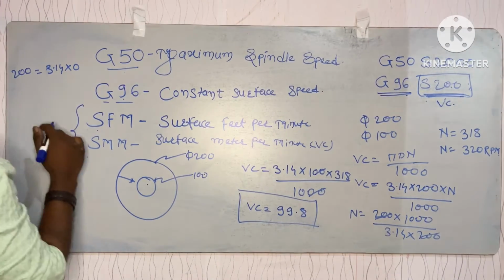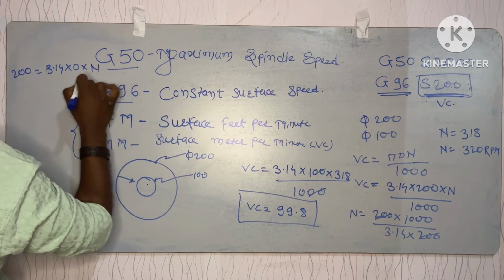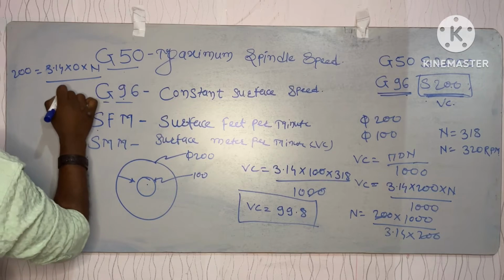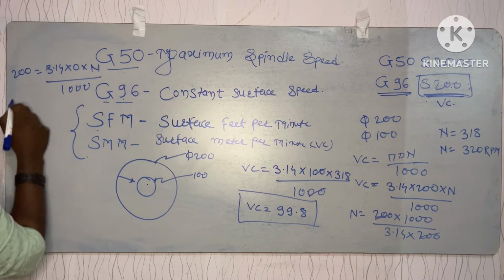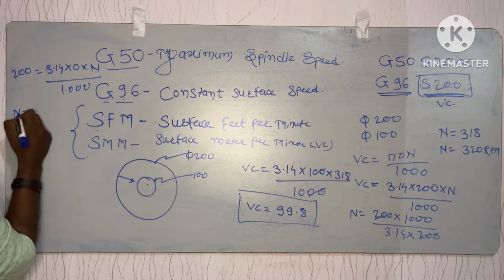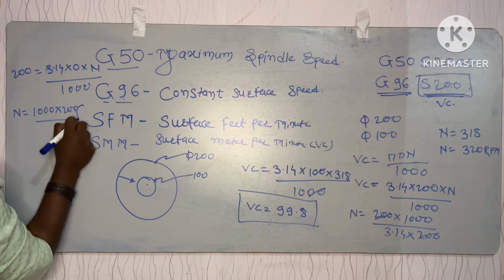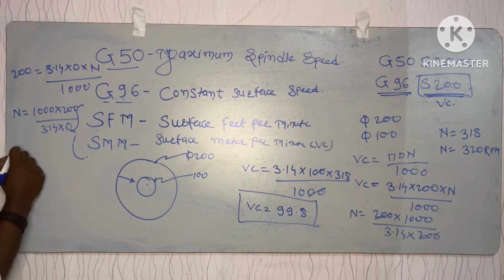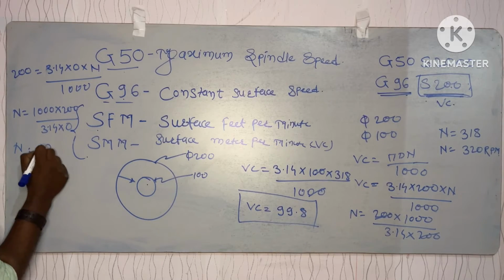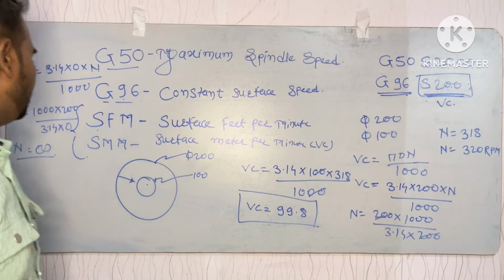So input D is 0, pi D N, we don't know N, divided by 1000. Now what is N for diameter 0? N is equal to 1000 into 200 divided by 3.14 into 0. The value of N will be infinity.